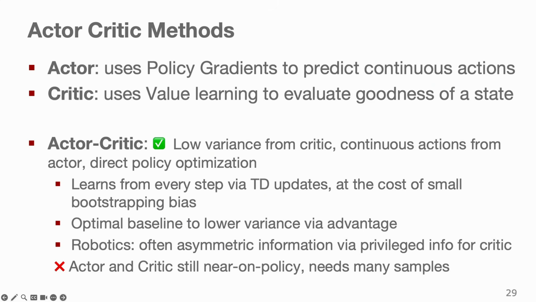As I said, this gives rise to a family of algorithms called actor-critic methods. The actor is the policy, and the critic is the value function, and they are trained together.